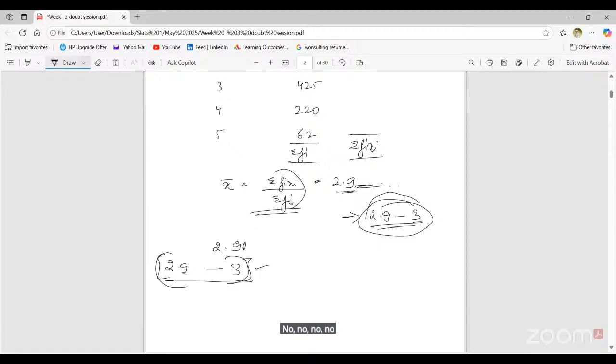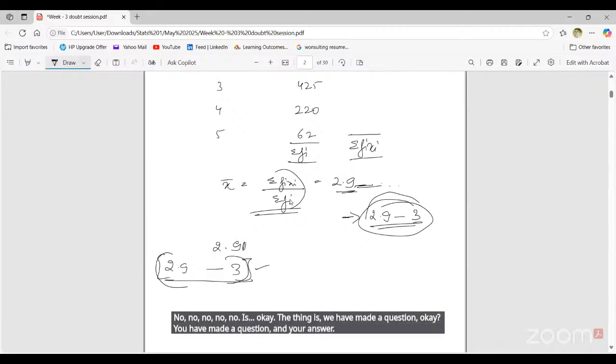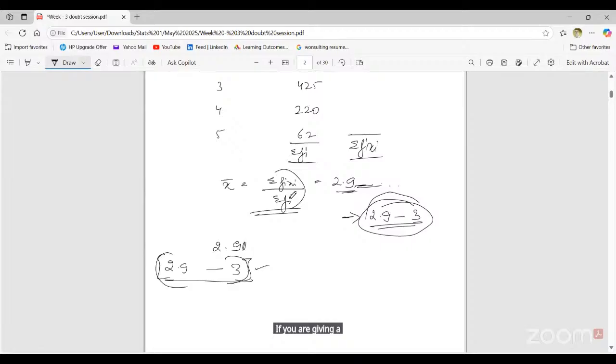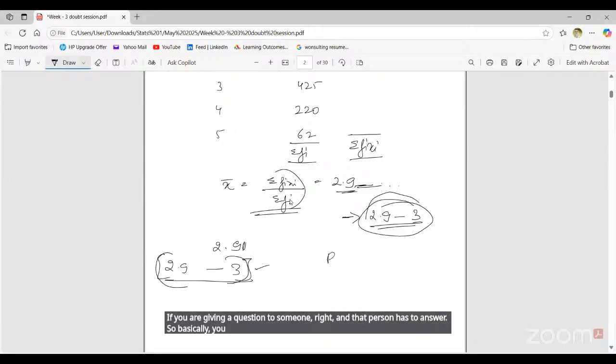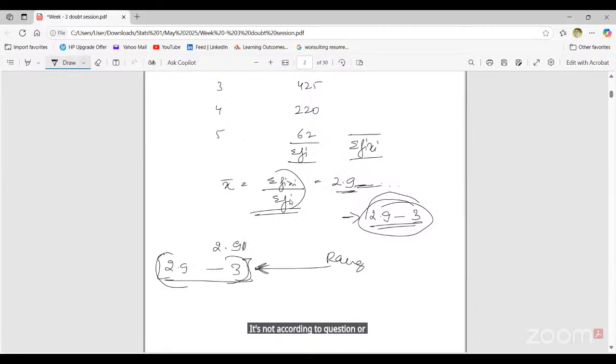The thing is, we have made a question. If you are giving a question to someone, and that person has to answer, you are giving the range. Your answer should be in between this range. That's it. It's not according to the question or something. It's just a range.